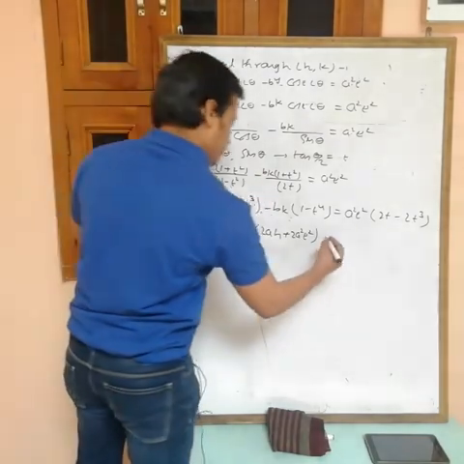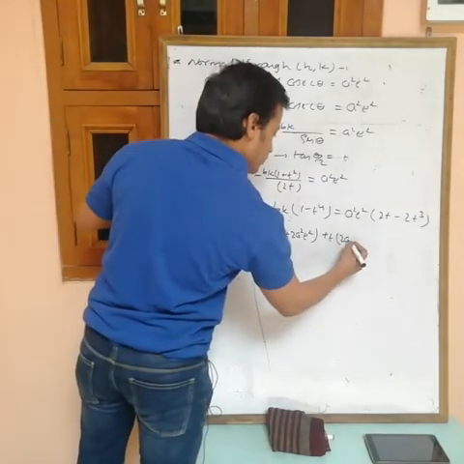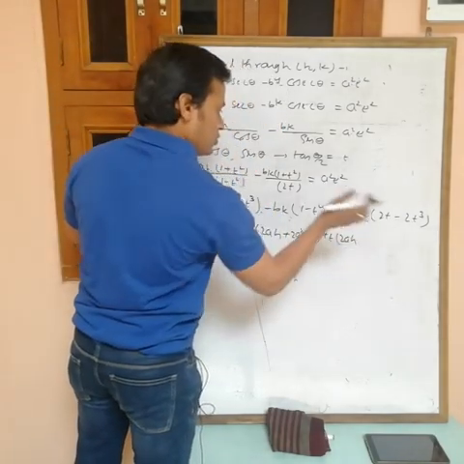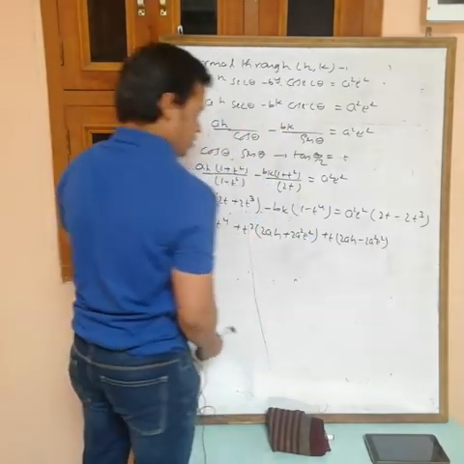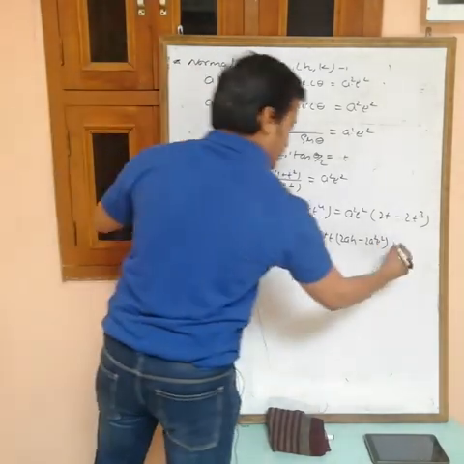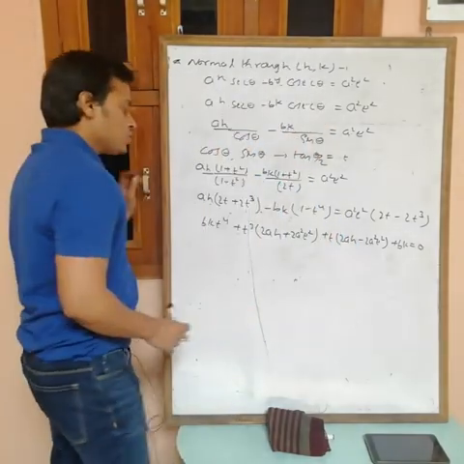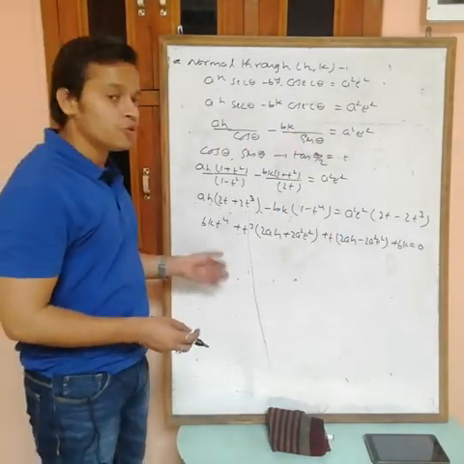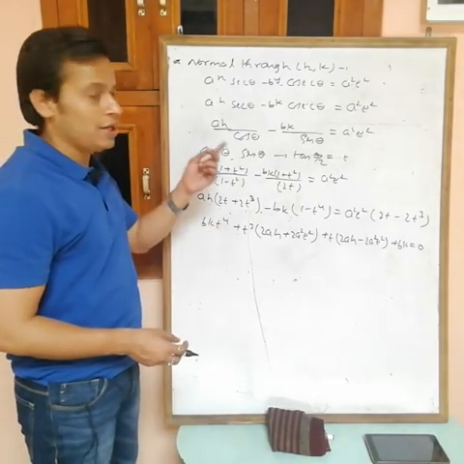Now terms of t: in this one 2ah, and from this one minus 2a square e square. Now the constant term plus bk equals 0. So the degree of this equation is 4, a 4 degree equation where t is tan theta by 2.